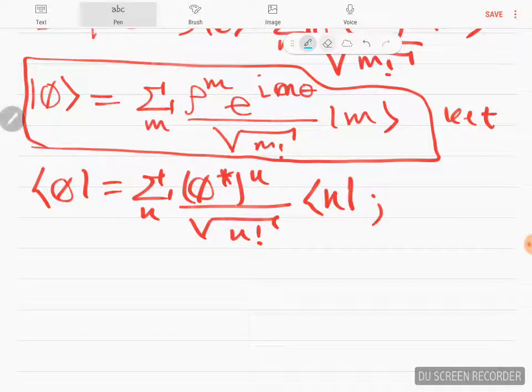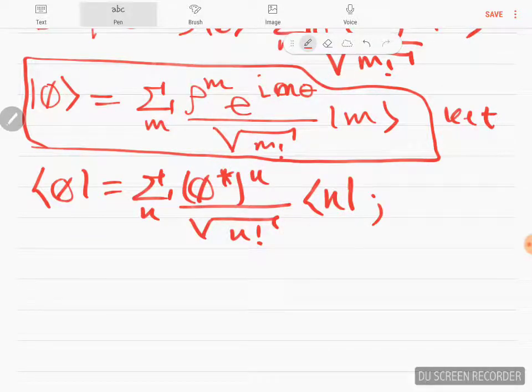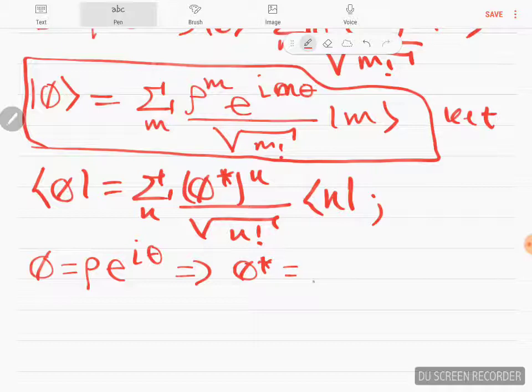So then, following the same logic, we can recall that the coherent state has a phase and a magnitude, e to the i theta. So that means that phi star is equal to rho, this is real, times e to the minus i theta.